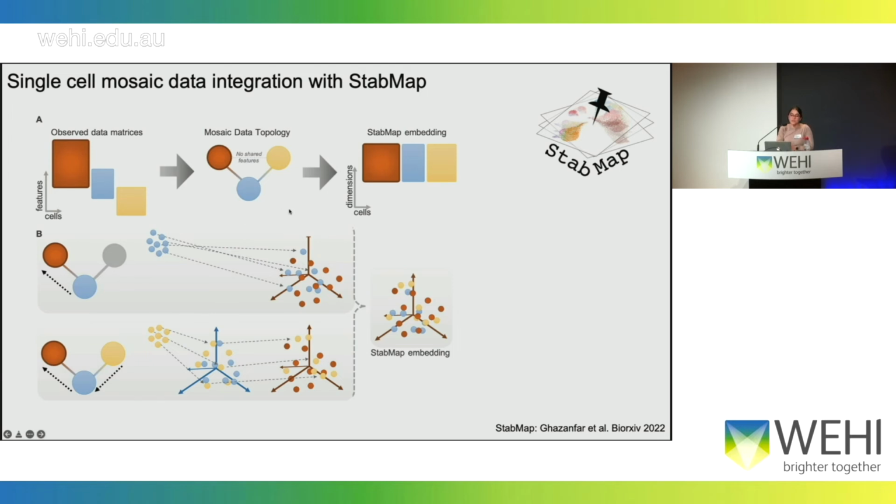StabMap will generate a common embedding space. And the way it does this is by constructing shortest paths along these data sets and iteratively projecting, predicting, and then projecting the cells over.